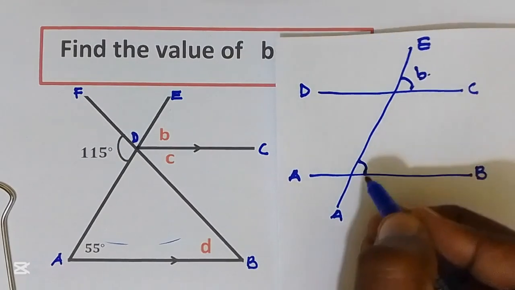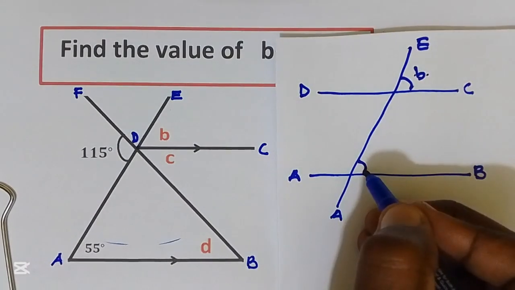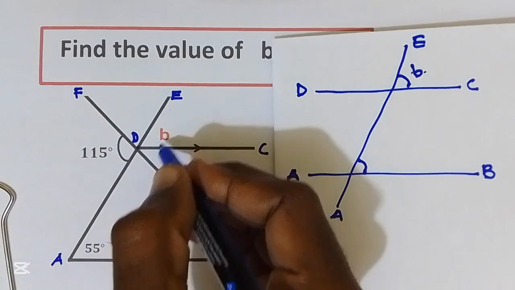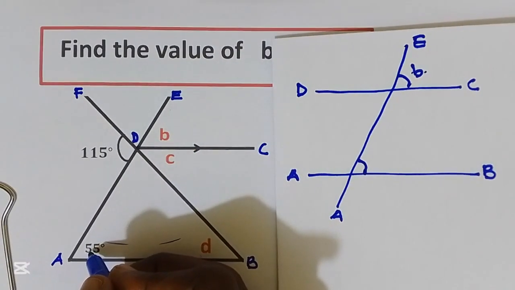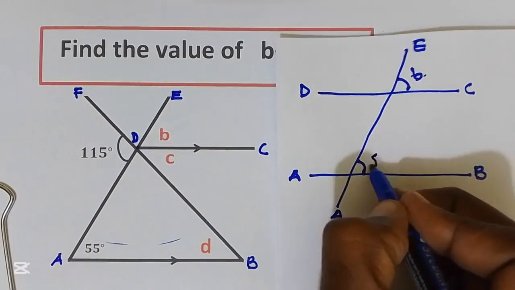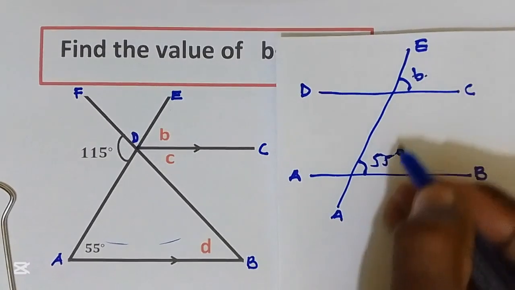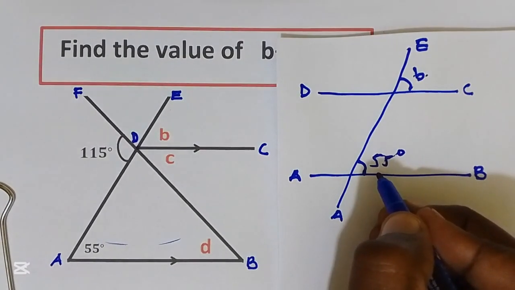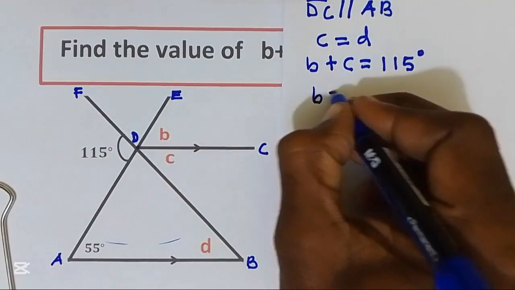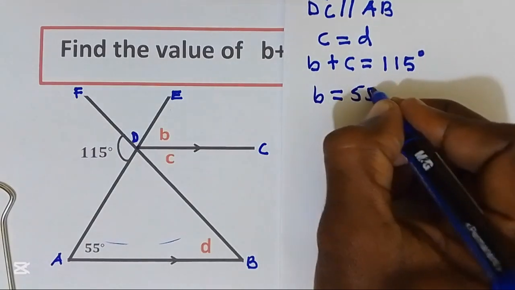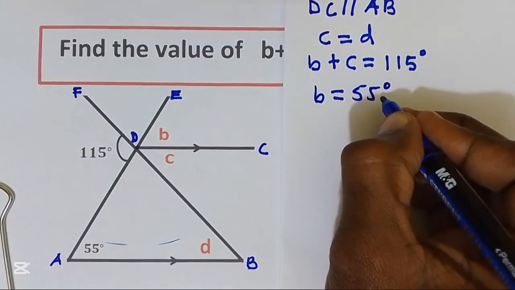They are corresponding. So, using that, B is equal to 55 degrees. Here is 55. B is equal to 55 degrees. The reason is corresponding angles.